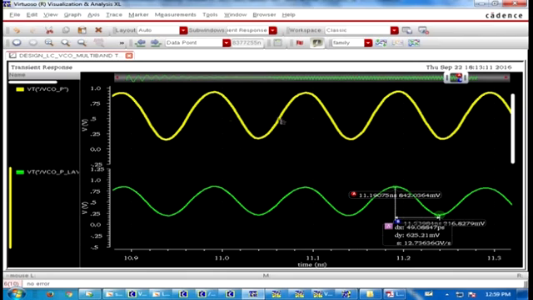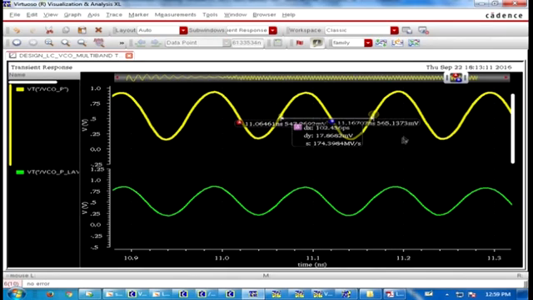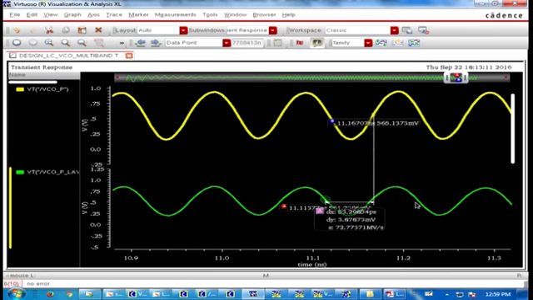It is 10 gigahertz. Good design. See the schematic: dx here is 100 picoseconds, and 1 by 100 picoseconds means 10 gigahertz. The same will come for the frequency component.